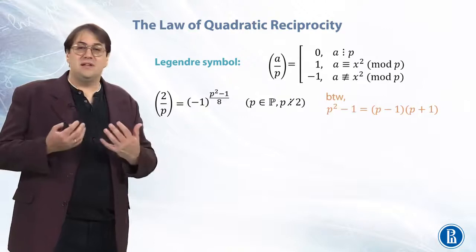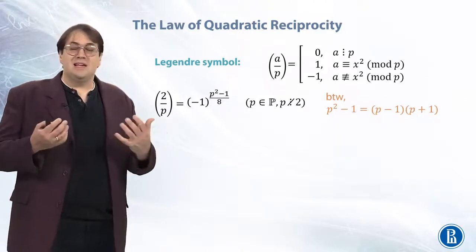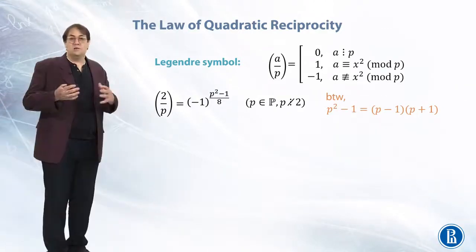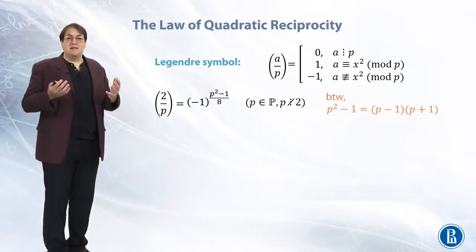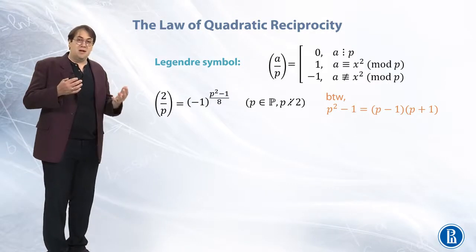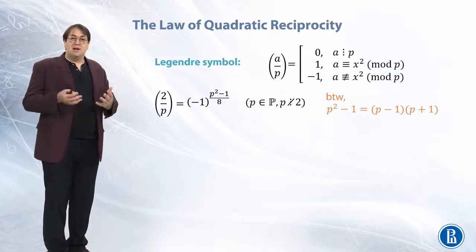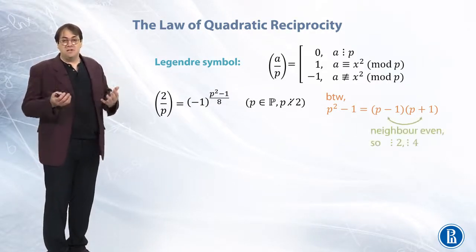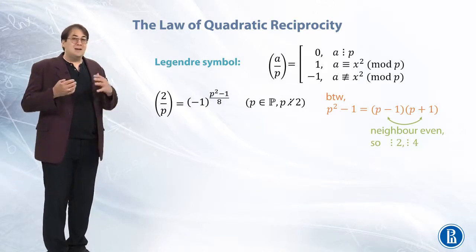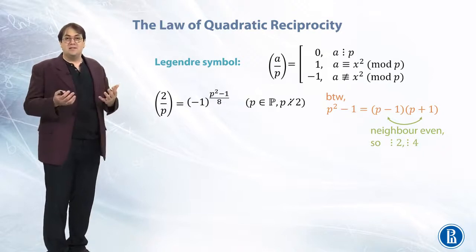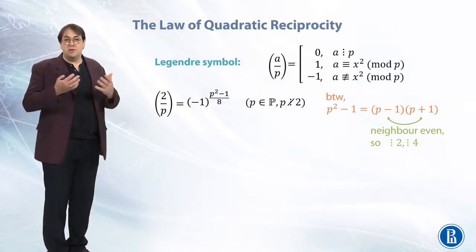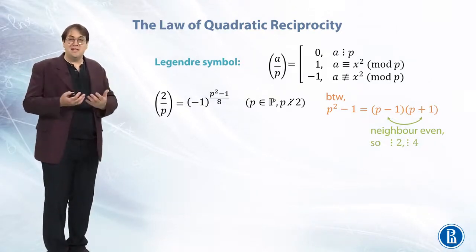Let's just notice that p squared minus 1 can be decomposed into two factors, p minus 1 and p plus 1. And these two are neighbor even integers. So one of them is divisible by 2 and the other one is divisible by 4. So their product is divisible by 8.